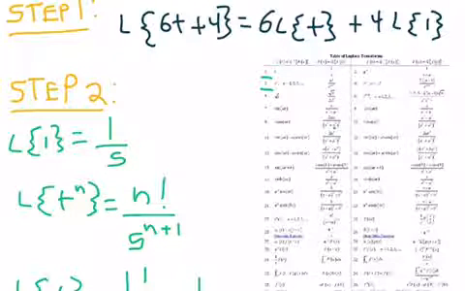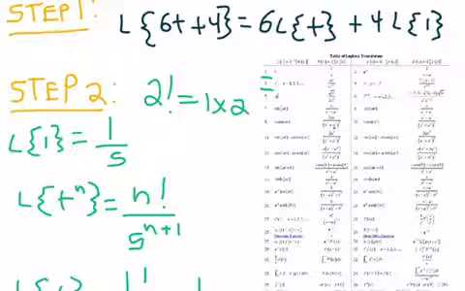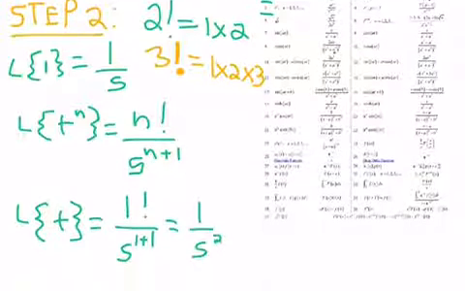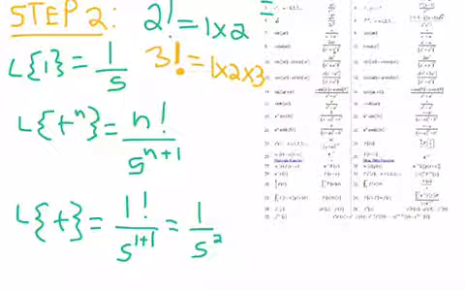N factorial means that if, for example, it's 2 factorial, it's going to be 1 times 2. Or if it's 3 factorial, it's going to be 1 times 2 times 3. Factorial is this little exclamation mark we see over here. So the Laplace of t to the n is n factorial over s to the n plus 1.